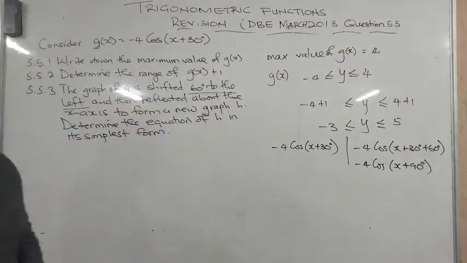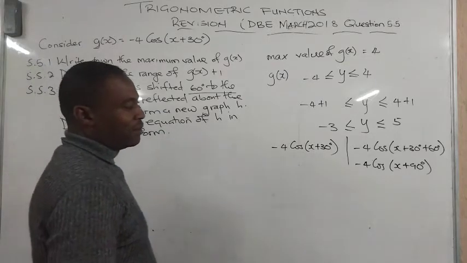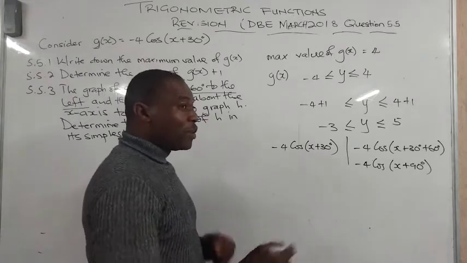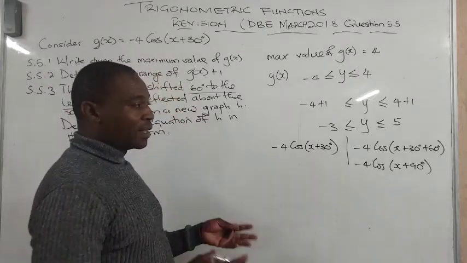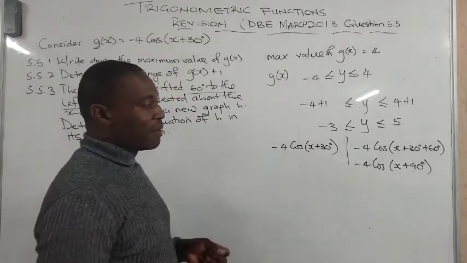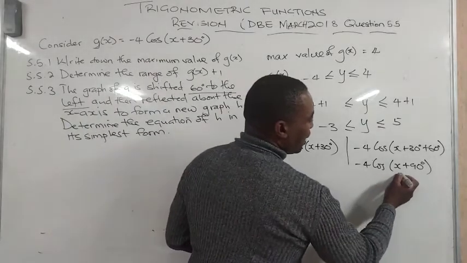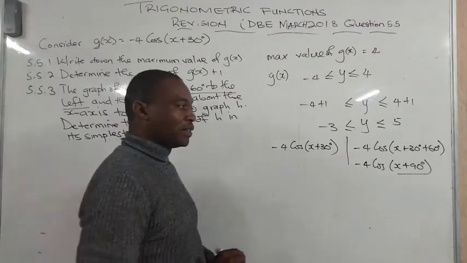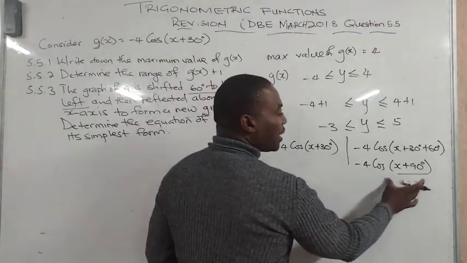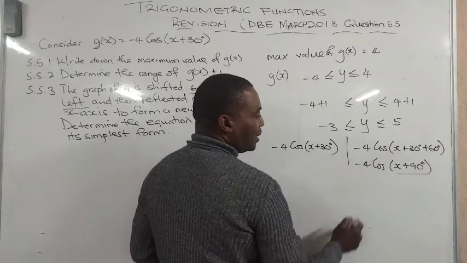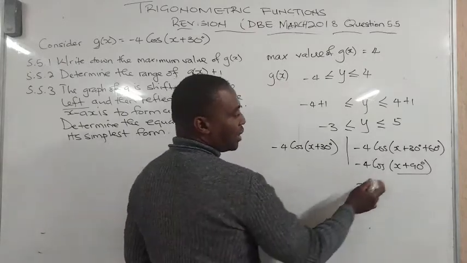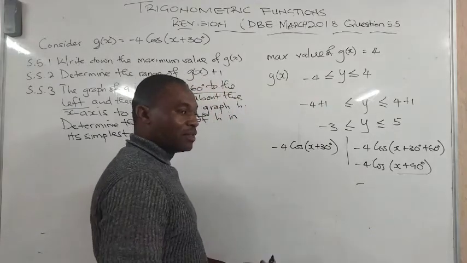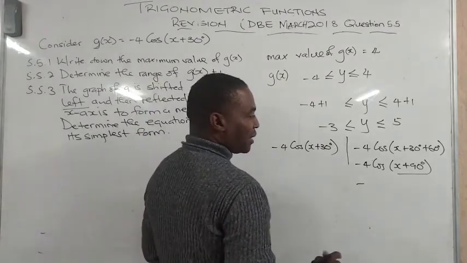And realize that the examiner is very, very clever. They want to see if you are able to connect the concepts here. The moment you see x plus 90 degrees, it must remind you about cofunctions. So it will be very clever to realize this, so that you can now say cos(x + 90 degrees), we know that it is negative sin x.